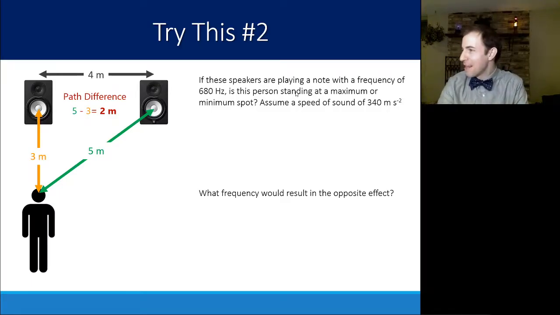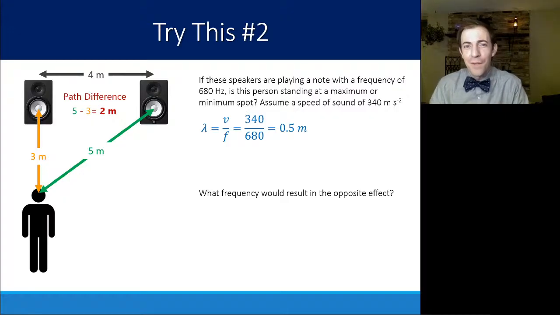So now we need to find the wavelength. Our speakers are playing a frequency of 680 hertz. Go ahead and find the wavelength and then figure out, is that at a maximum or a minimum location? As a hint here, you can find the wavelength using this equation. Velocity, the wave speed, divided by the frequency.